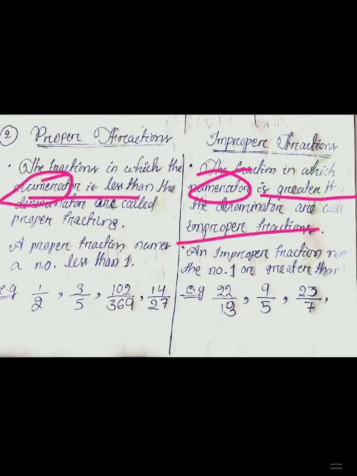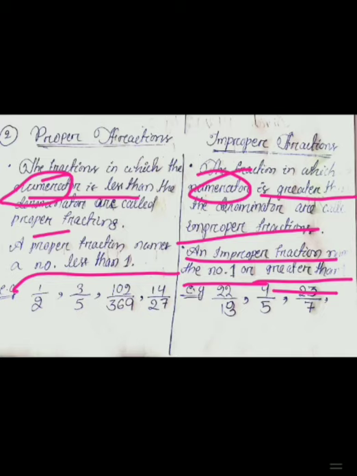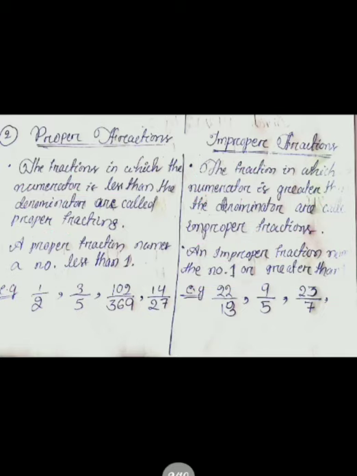A proper fraction names a number less than 1, and an improper fraction names the number 1 or greater than 1.